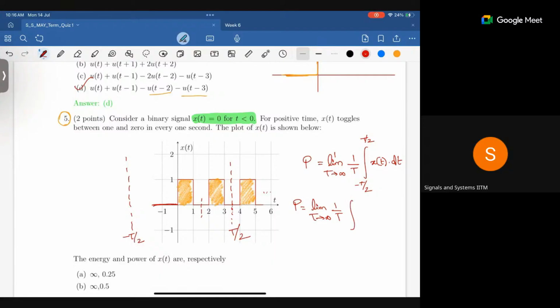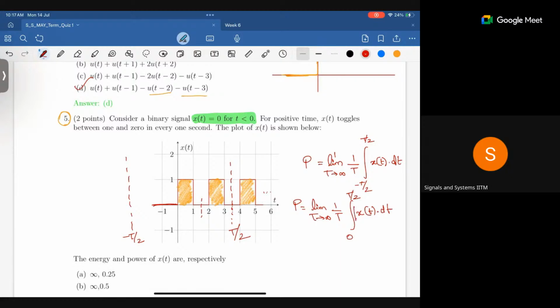From minus T by 2 to 0 it is anyway 0. I just have to integrate from 0 to T by 2 of x of t dt, as T tends to infinity.